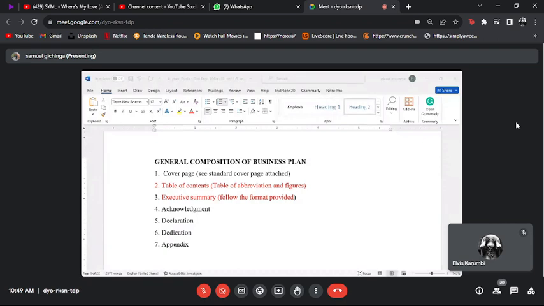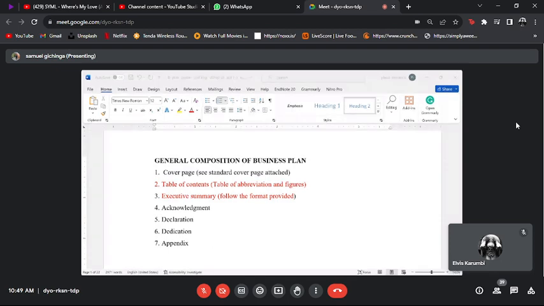Raila would shake hands with President Ruto on Thursday, on 29th. Kalonzo Musyoka has accepted to be a deputy president. Something like that. But now you want to read to understand it. You know the depth of it will come in the main body of the news. That's why you have an executive summary.